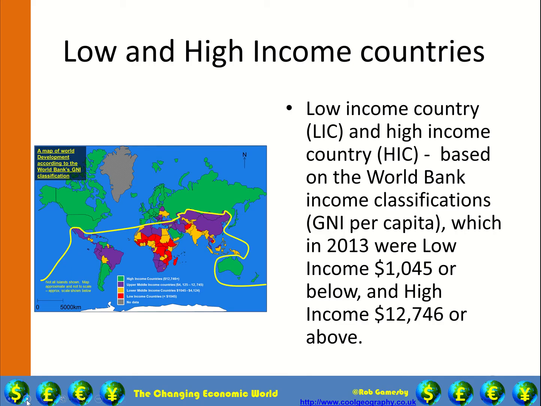And then the current method that's preferred is to split into high and low income. So we use gross national income, and low income countries are $1,045 or below, and high income countries are $12,746 or above, and then in between you've got your middle income countries, which you can see in yellow and in purple.